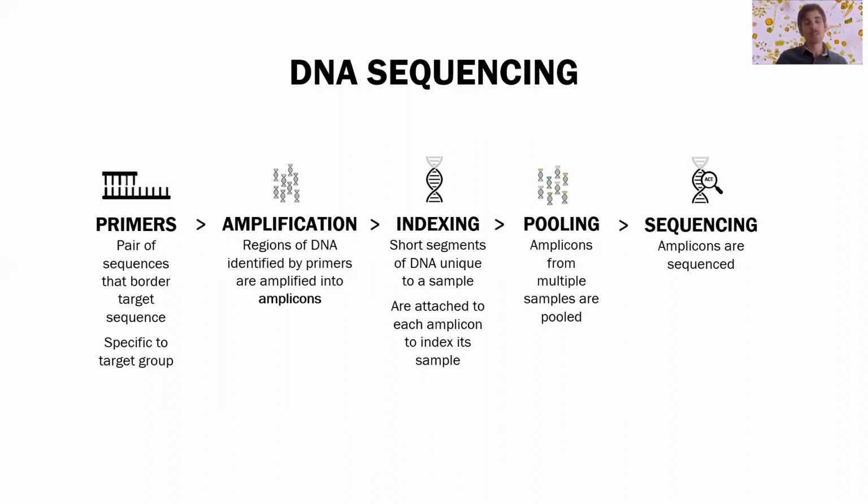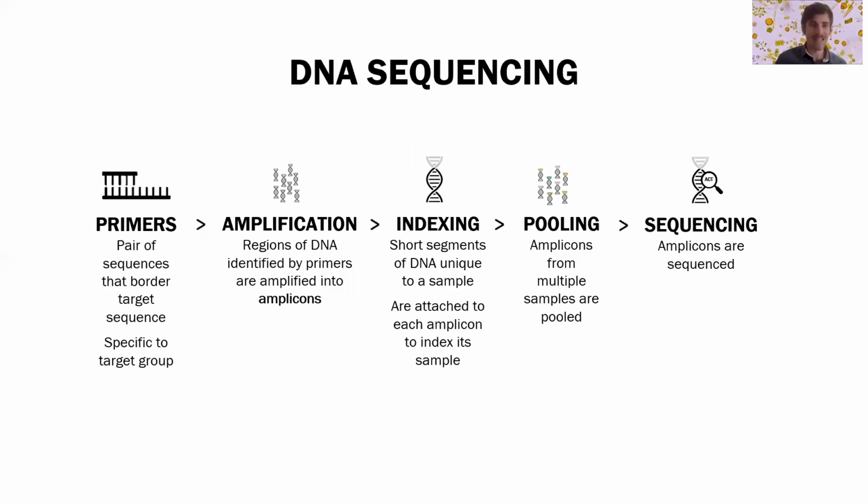Then once those primers are attached, we amplify using a technique called polymerase chain reaction. We amplify that short segment of DNA that's in between those two primers. And that short segment of DNA, again, is called an amplicon or a barcode or a marker gene.